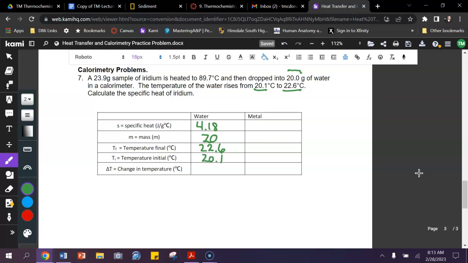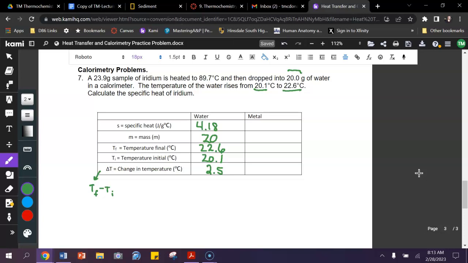Our delta T, and remember that that is T final minus T initial, is 22.6 minus 20.1, which is a 2.5 degree difference. So that's everything that I've got for the water.